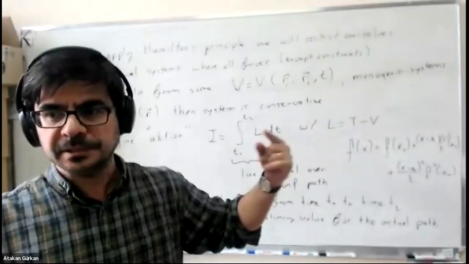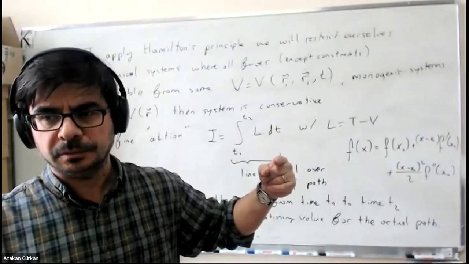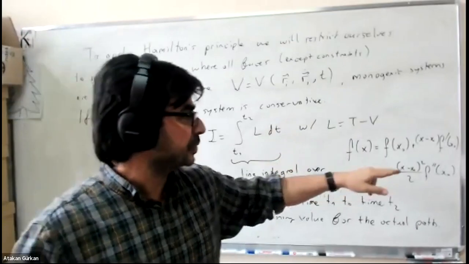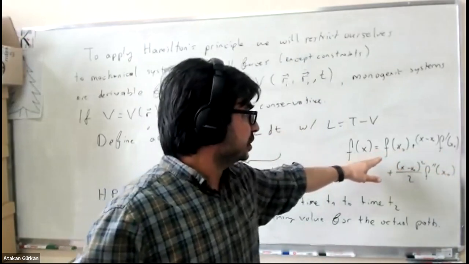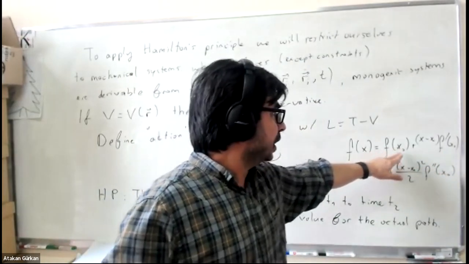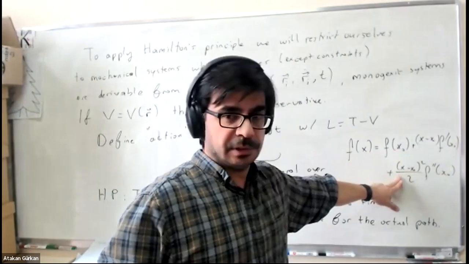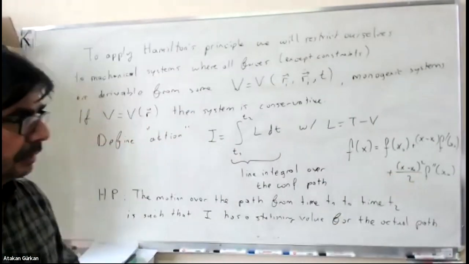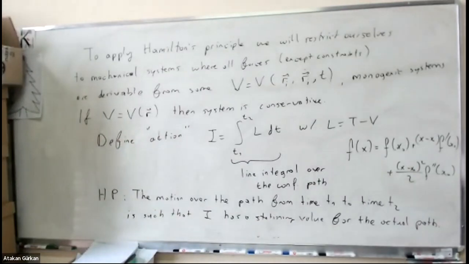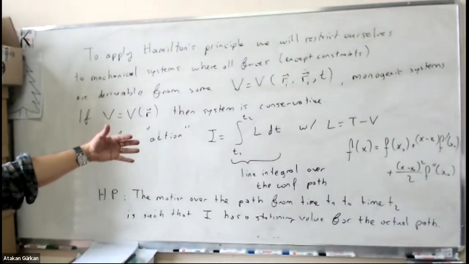If we are passing through a minimum, if x0 is a minimum, then the first derivative is going to vanish there. And this change, as I go from f of x to f of x0, is going to be second order in deviations. This is something you know from calculus. The meaning of stationary is the same.